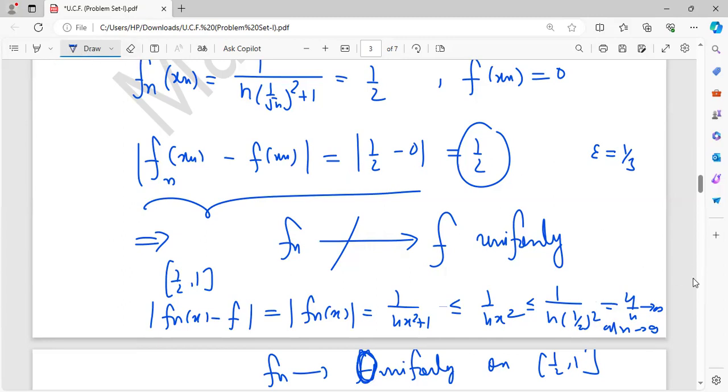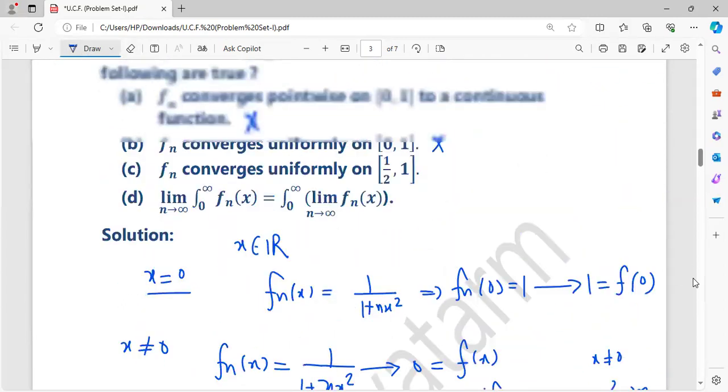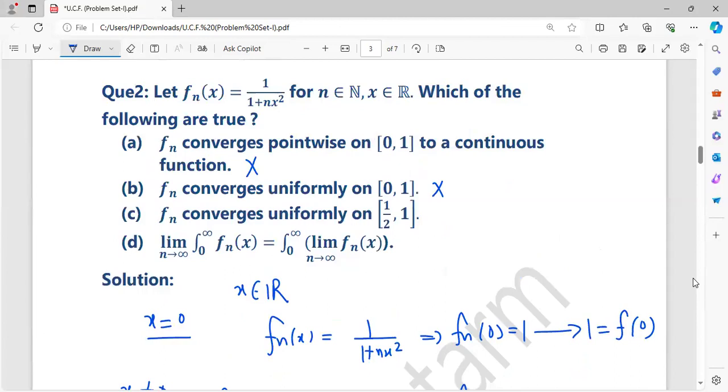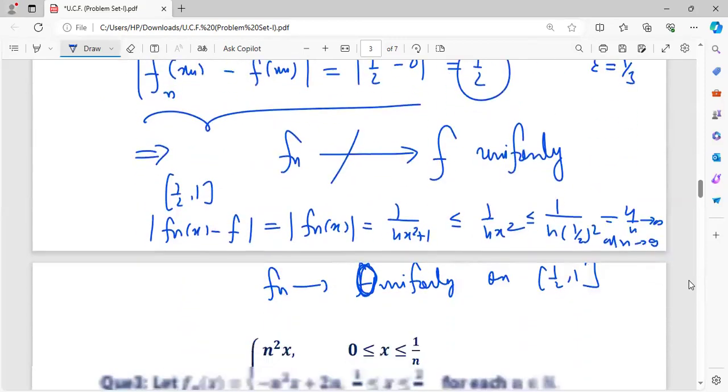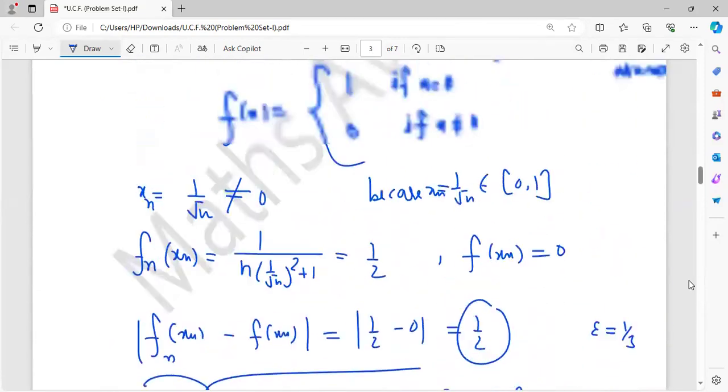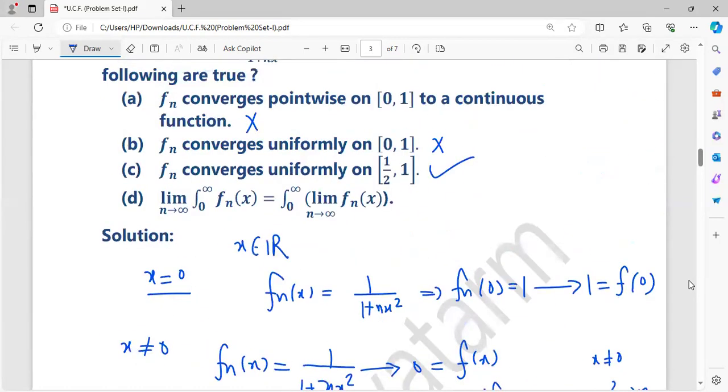Okay. So option number C is correct. Now option D will not hold. Why? Because the limit of the integral of f_n(x) from 0 to infinity, what is this?